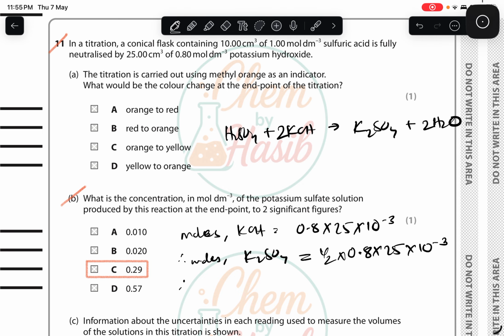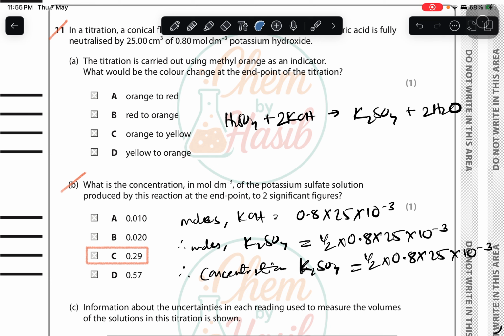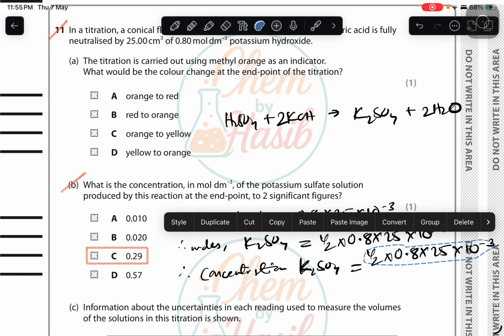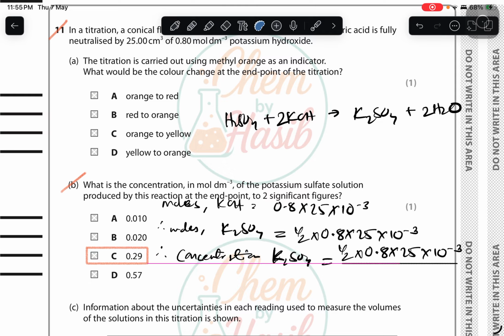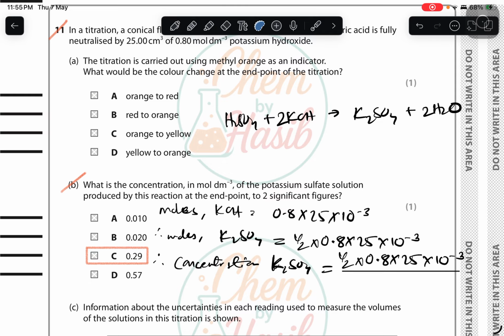Then you find the concentration of K2SO4. Concentration of K2SO4 will be equal to the moles of the potassium sulfate divided by the total volume of the reacting mixture. Now what is the total volume of the reacting mixture? Let us see.